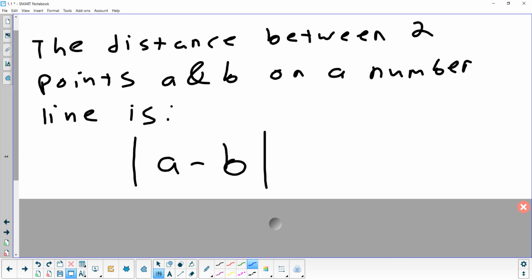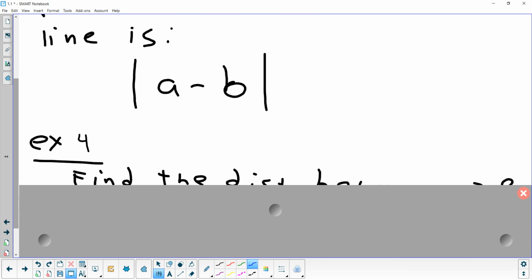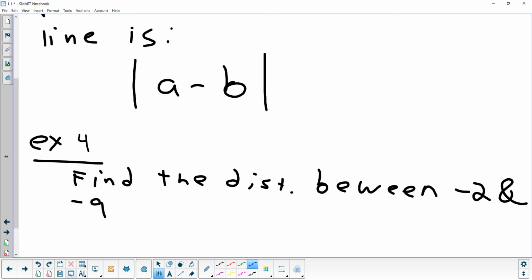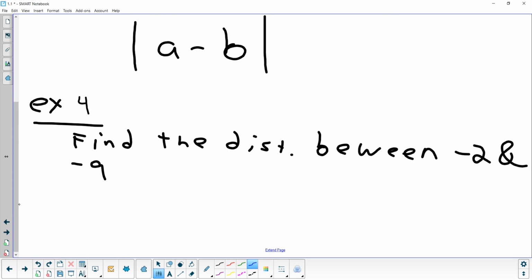Now, does subtraction normally matter the order you do it in? Yeah, 5 minus 2 is different than 2 minus 5. But how about if you put absolute values around the subtraction? Yeah, then it doesn't matter. So technically you could do A minus B or B minus A. You might get the negative of your answer, but it doesn't matter because when you take absolute value, it becomes positive. So let's find the distance between these two points.